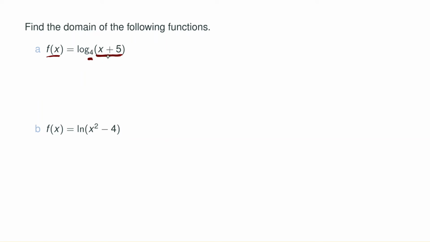Therefore, inside the log function, whatever x is, it should always give us a positive. So x plus 5 must be strictly greater than 0, not greater than or equal to. That means x has to be greater than negative 5. So that's the domain. In interval notation, it's negative 5 to infinity, excluding negative 5.